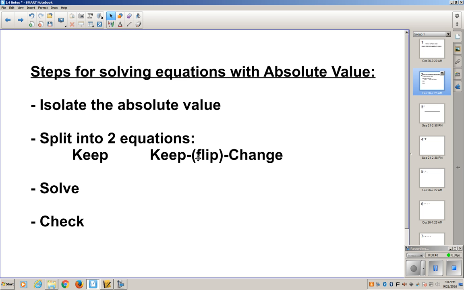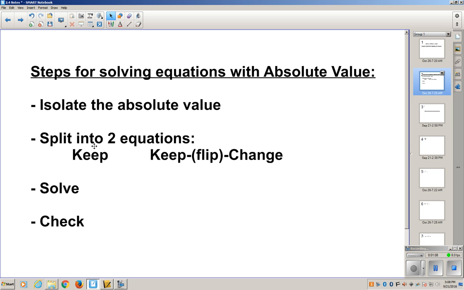This pertains more to inequalities, where by the sign I mean the inequality symbol or the equation. And then when I say change, I mean you change the sign of the number that's on the other side. Okay? You solve and then you check your answer.